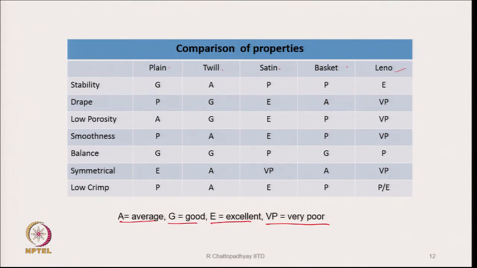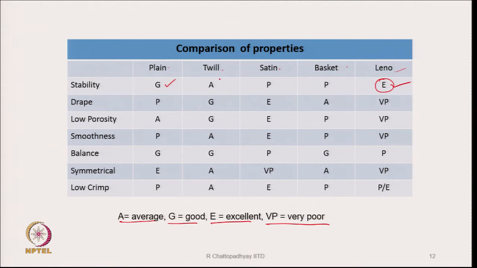So, let us take the value of stability. Structurally, which one is very stable? Plain weave woven fabric is very stable, they do not distort much. Lino is also very stable, they do not distort. The yarns are basically held in position in lino weave, so they do not move much.